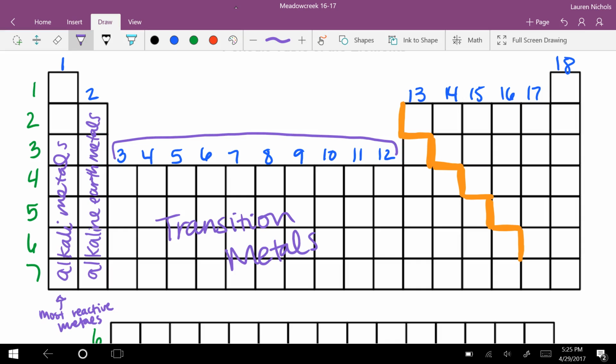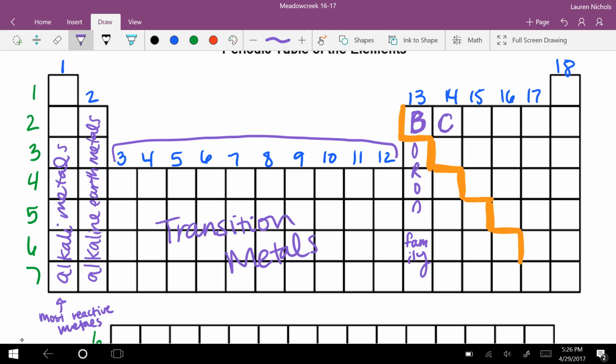Now, starting in column 13, we have boron, okay? Because boron is in that, we call this the boron family. The next one is carbon, and so we call that the carbon family.